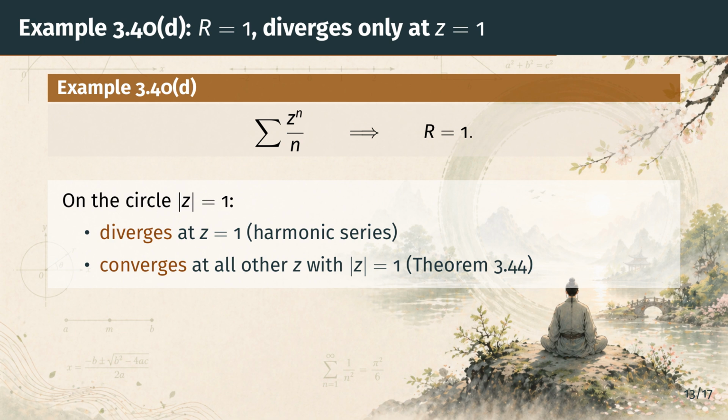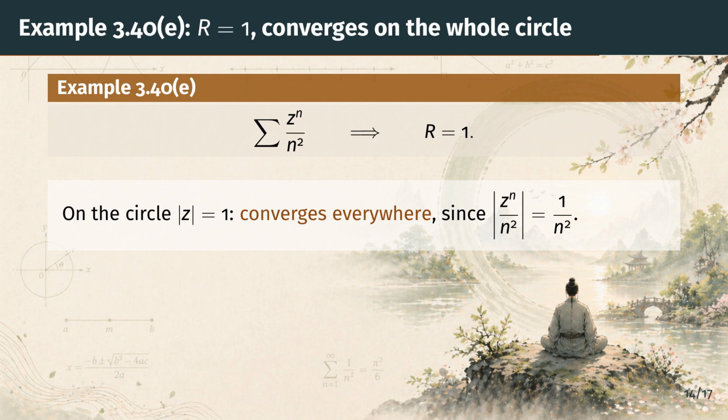Next, a series that behaves perfectly on the entire circle. Finally, divide by n squared. Once more the radius comes out to 1. But now the boundary is as nice as possible. The series converges at every point of the circle. The reason is the comparison test.